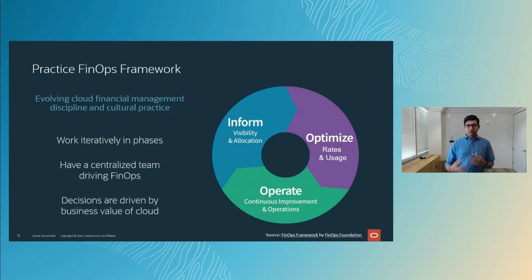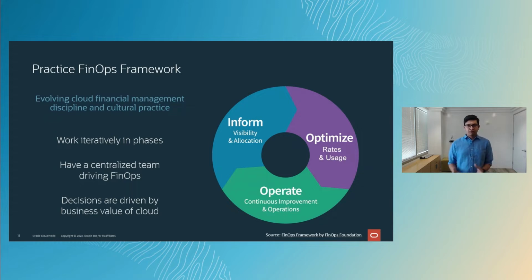So first, what you do is inform yourself. You get visibility of all the resources that you have and all the utilization so that you can understand their allocation, their usage, and their cost as well. Once you know that information, it's important to optimize on both fronts, rates as well as usage. You need to make sure all your resources are being utilized to their optimum, and that the cost is kept at a minimum.